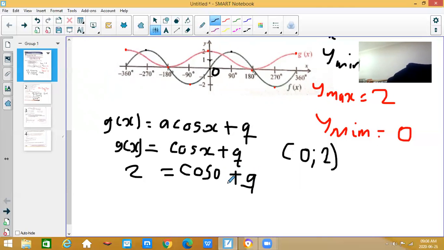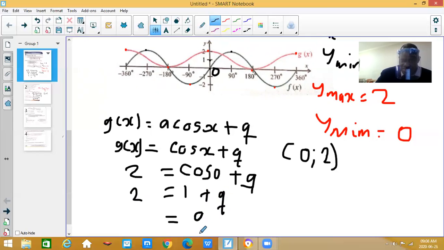Cosine 0, what do we get as cosine 0? Normally, cosine 0 will give us 1. So cosine 0 gives us a 1 here. So we are saying 2 is equal to 1 plus q. Now, our intention is finding the value of q, so we transpose this 1 to the other side.